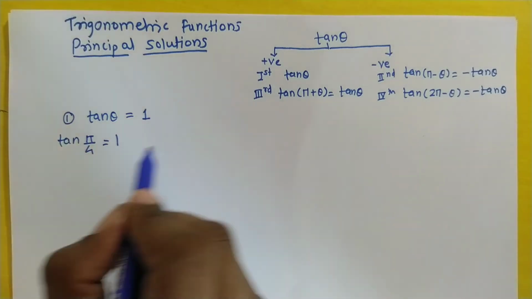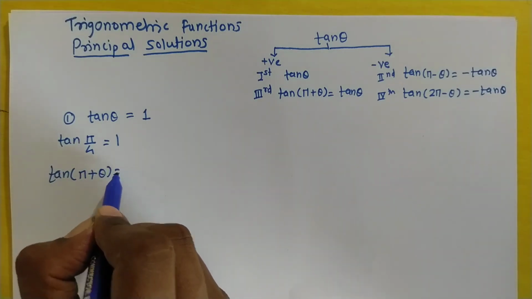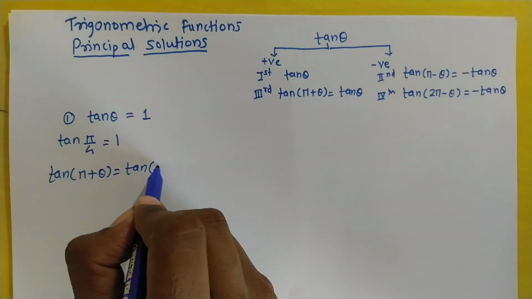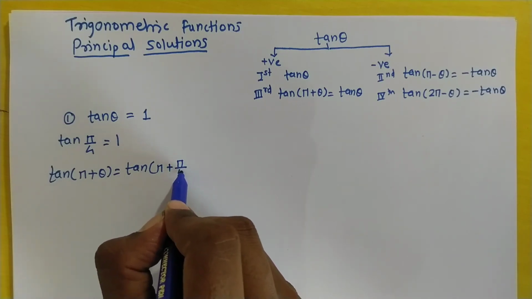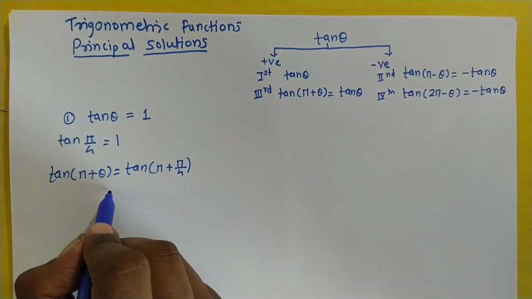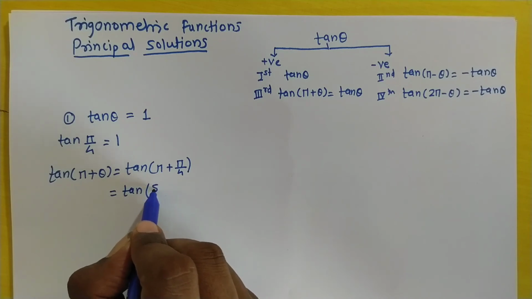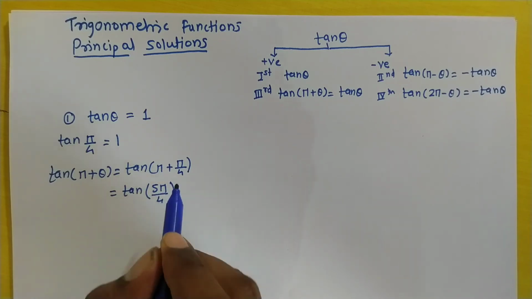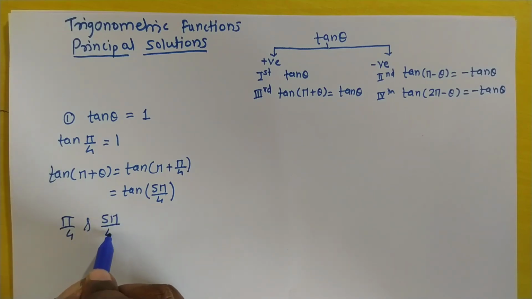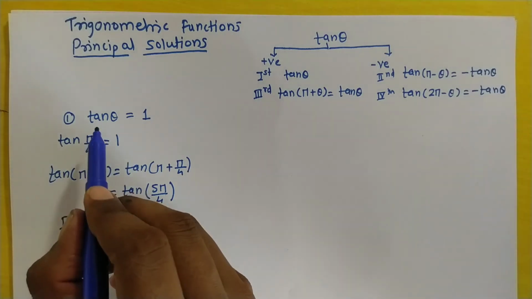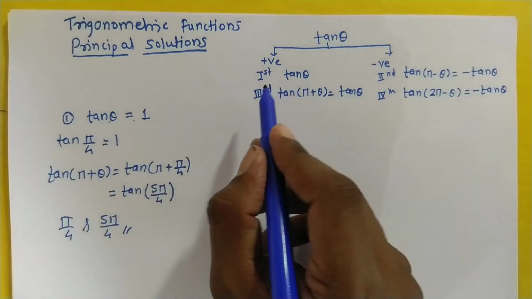So we take the third quadrant, tan(π + θ) = tan(π + π/4), taking the value of θ as π/4. So after cross multiplication we get 5π/4. So here π/4 and 5π/4 are the principal solutions for the trigonometric equation tan θ = 1.